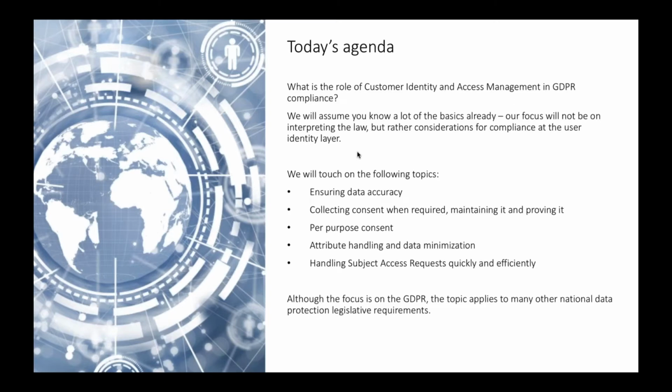We're going to touch on a number of topics, starting with ensuring data accuracy of your users, collecting consent when it's required, how to maintain and prove that you collected that consent. We're going to look at per-purpose consent and the importance of always collecting the purpose for the consent that you're gathering. We'll talk about attribute handling, data minimization, and the last topic for today will be handling public access requests quickly and effectively using a CIAM system.